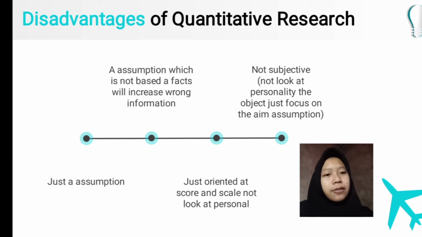Quantitative research is just oriented at the score and scale, not at the personal sample or the respondents. So quantitative research is not subjective, does not look at the personality of the respondent, and just focuses on the aimed assumption.